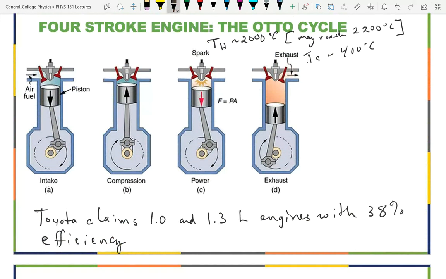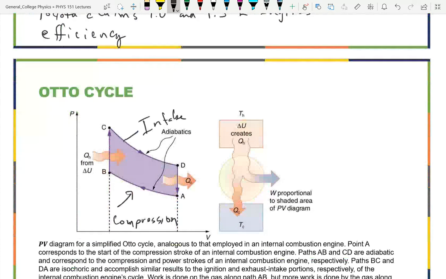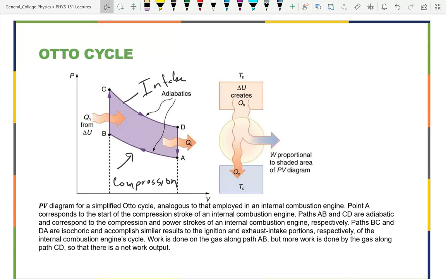Then we have the power stroke. What's happening during the power stroke to volume? It's expanding again. This 4-stroke is going to go through 2 expansions and 2 contractions. Our diagram only had 1.